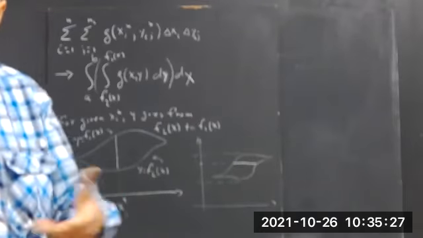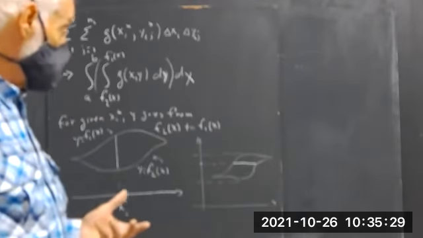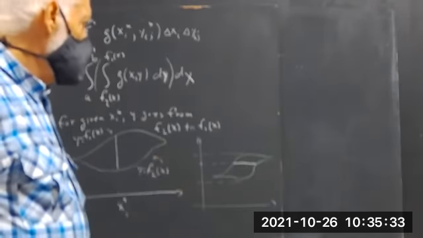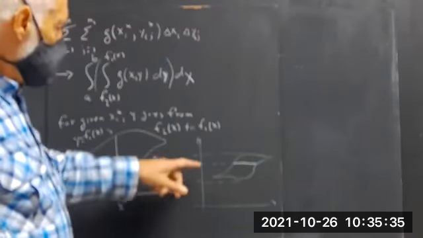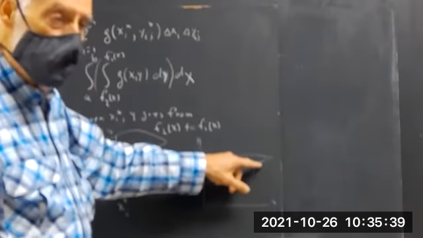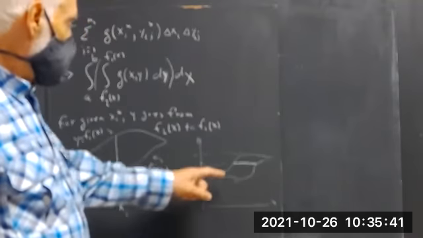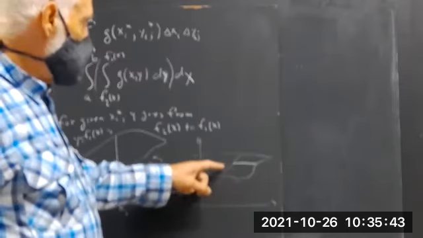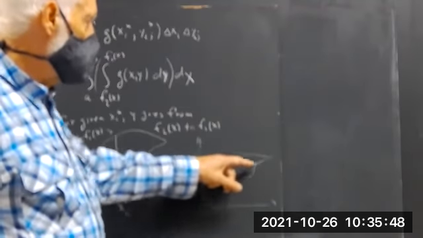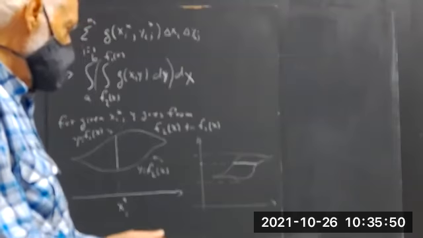Sometimes it's easier to do that than it is to do the x direction. If you fix y here, you get a strip in the x direction. In this case, the strip goes from the value of f1 to the value of f2.